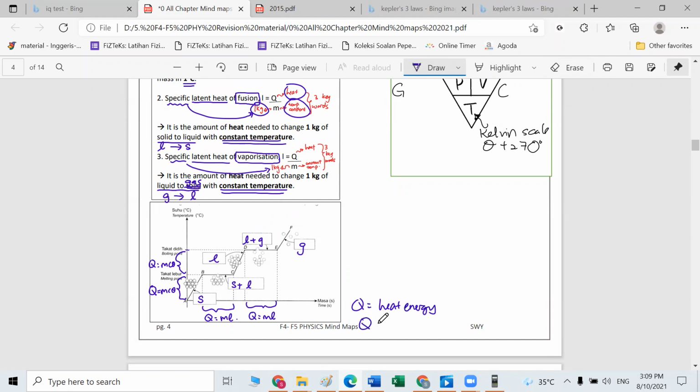Q could be heat energy, and Q equals to It, or maybe Q equals to mc theta is heat energy, and Q equals to It is charge of electricity.